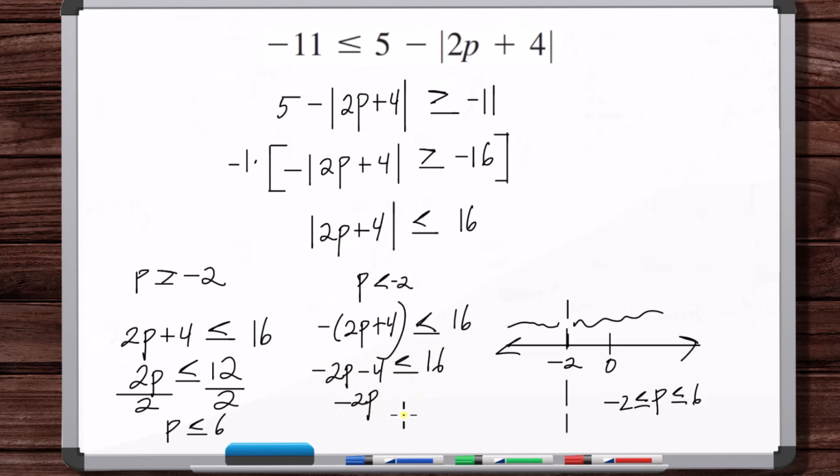So minus 2p, okay, divide both sides by minus 2, flip the inequality, p is greater than or equal to minus 10. All right, so where do these two overlap? p is less than minus 2, but greater than or equal to minus 10.